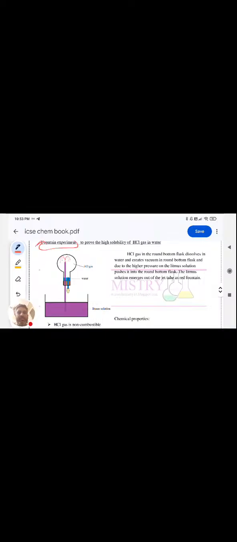In this fountain experiment, you will be taking a round bottom flask which is filled with dry HCl, and here you will take a litmus solution. The round bottom flask and the litmus solution are connected with a jet tube, nothing but a very thin glass tube, and here you can see a dropper filled with water.